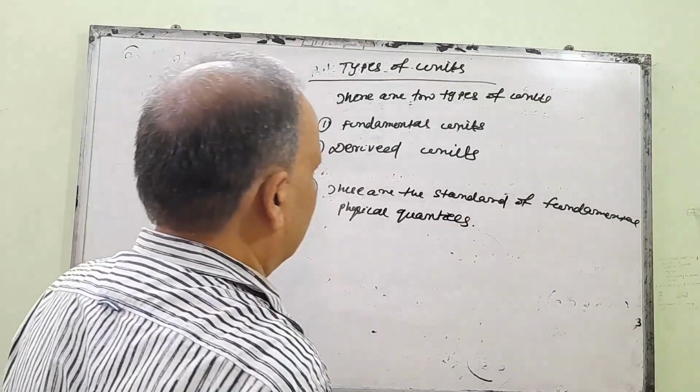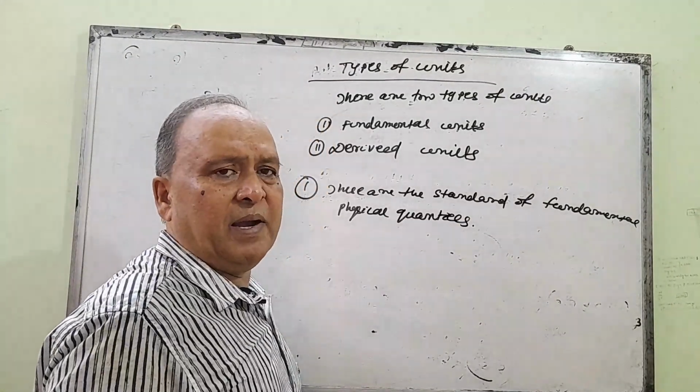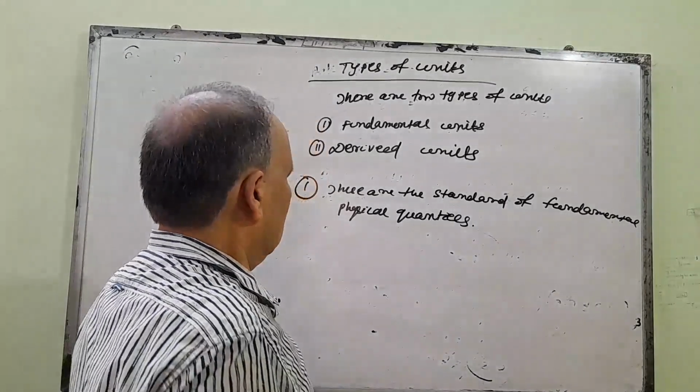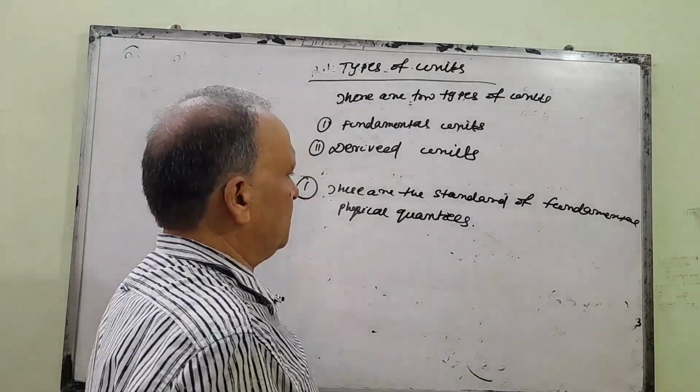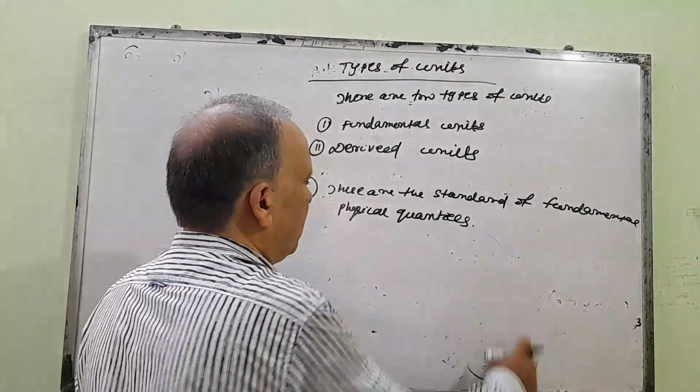You know there are 9 fundamental physical quantities. So accordingly, there are 9 fundamental units.